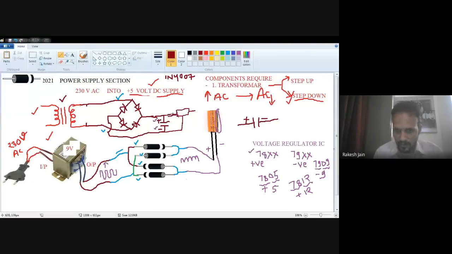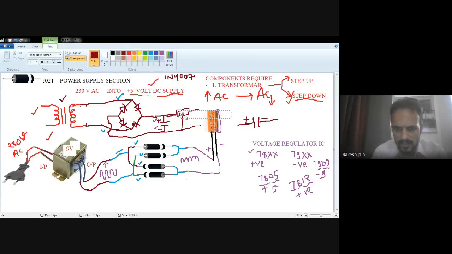The first side should be connected with the input, and the third pin is the output side. So we have to connect like this. I just mentioned the name: this one is 7805.